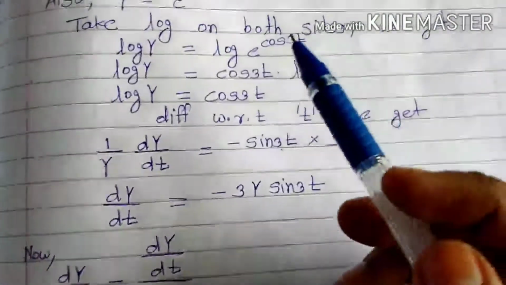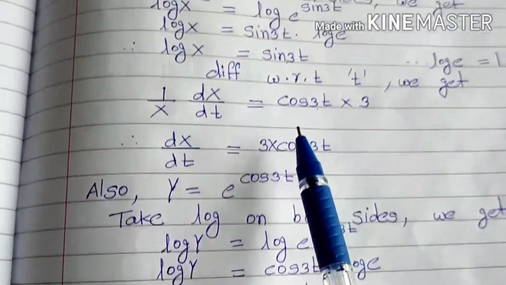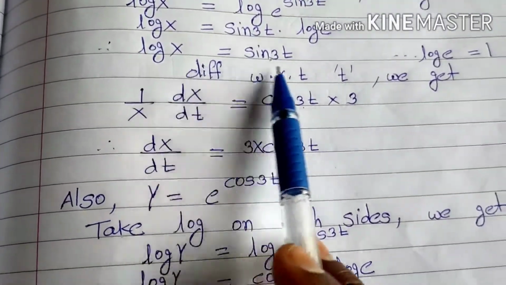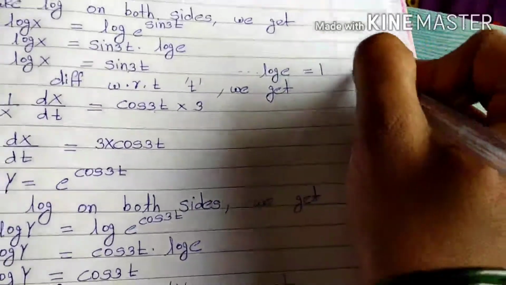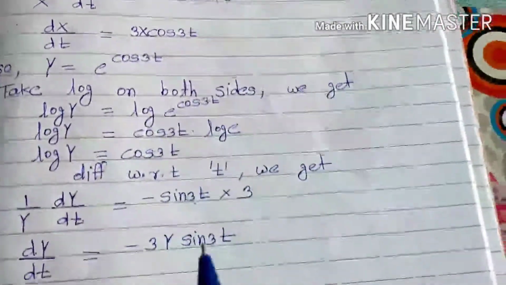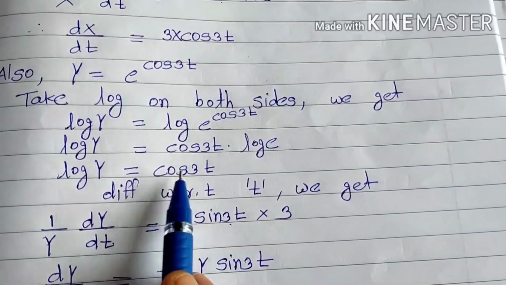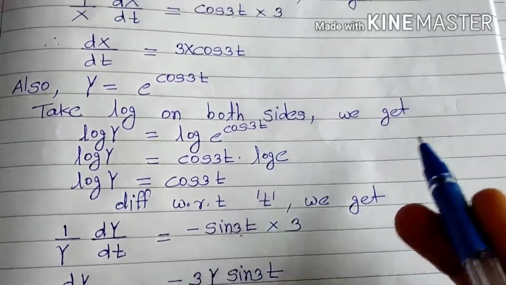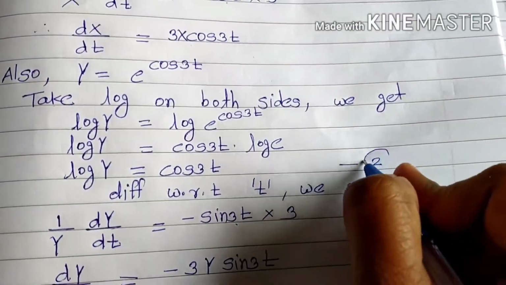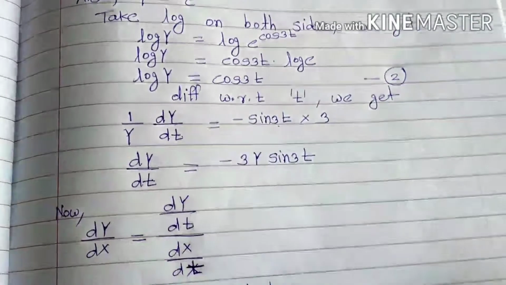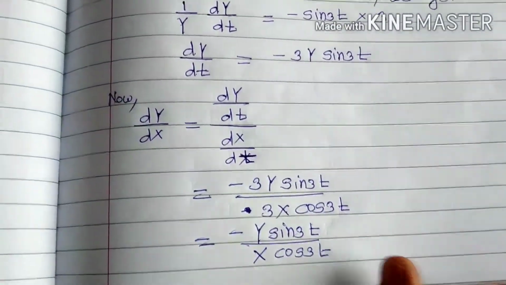Value of sin 3t is log x. Give it first. And value of cos 3t is log y. Give it second.